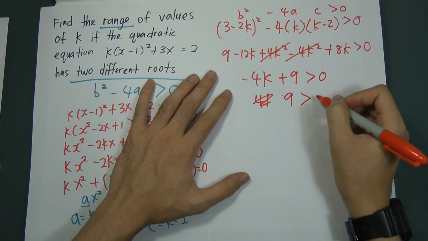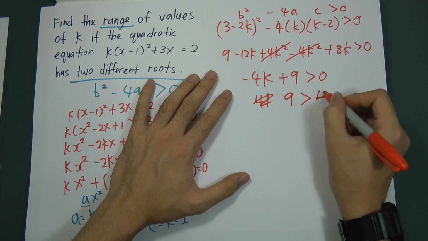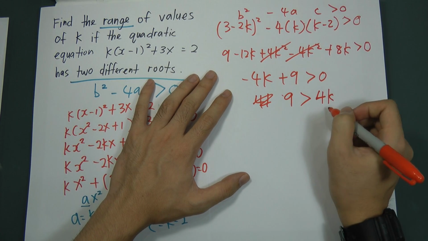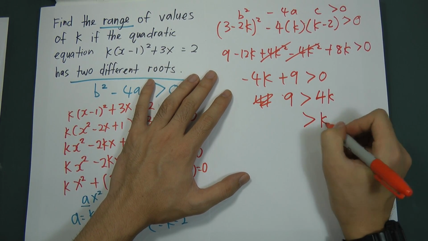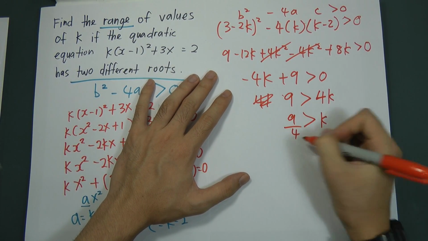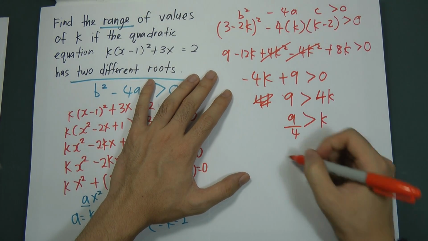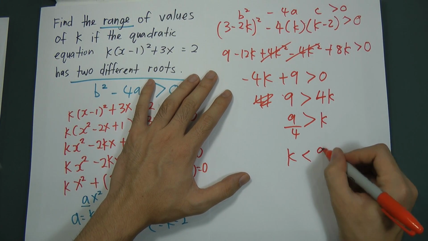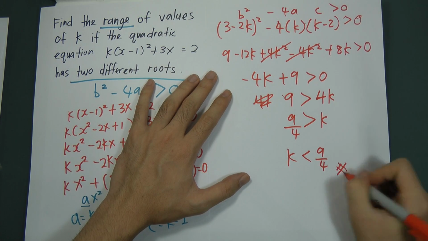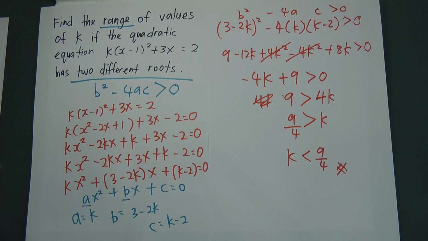So 9 is bigger than 4k, because negative 4k becomes positive 4k. So therefore, k equals 9 over 4. I rearrange k in front, so k will be smaller than 9 over 4. Got it? This is the range of values of k.